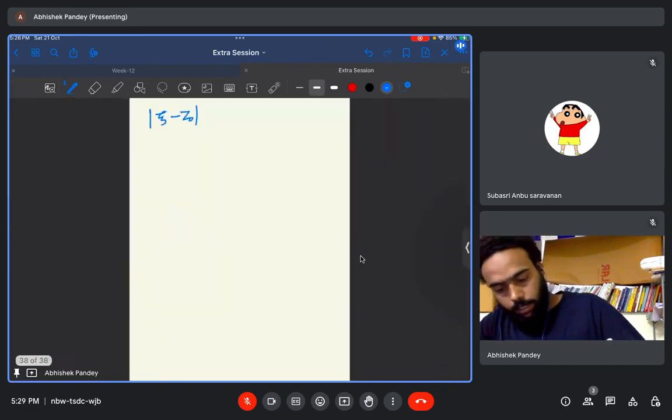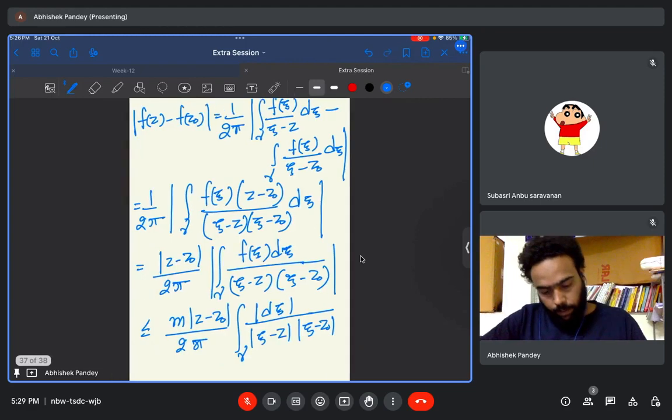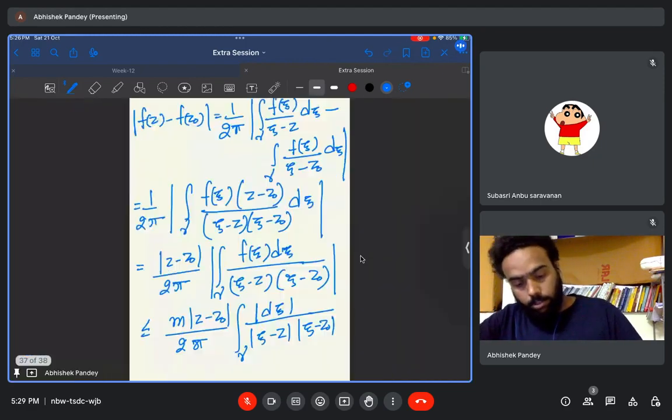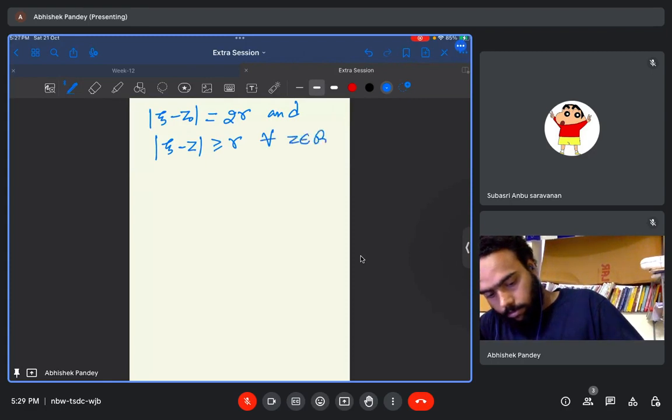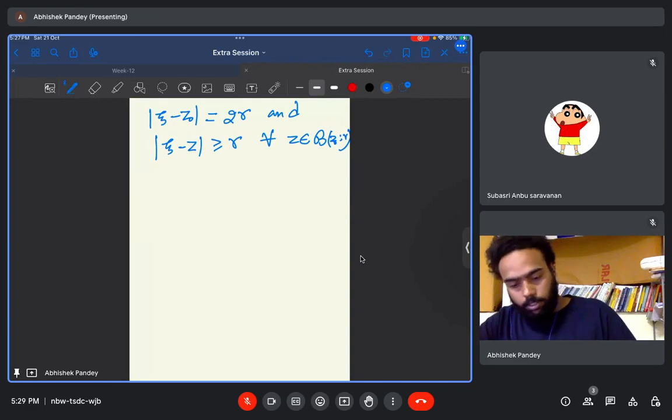So |xi minus z naught| will always be 2R, and this |xi minus z| is always greater than or equal to R for every z belongs to this ball. Okay, this is quite clear.